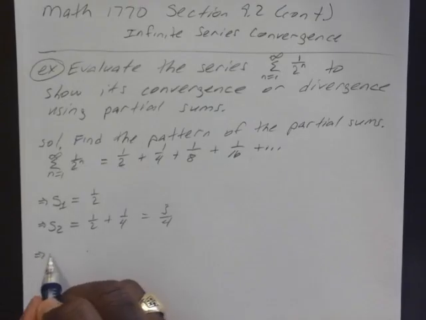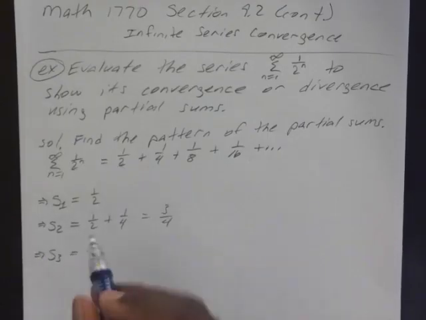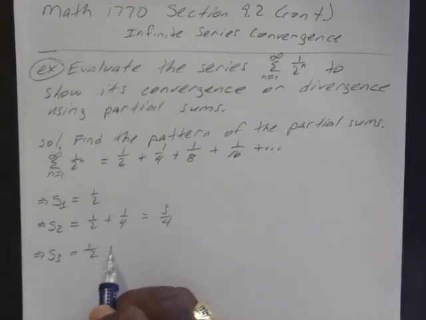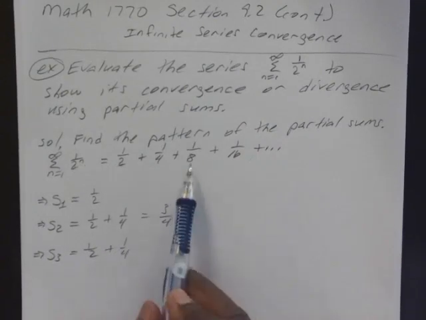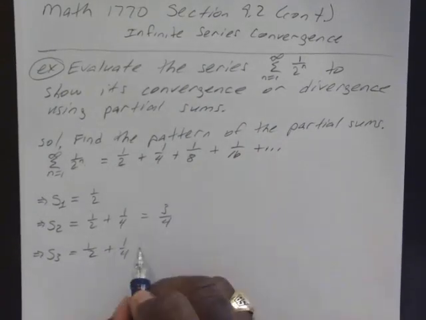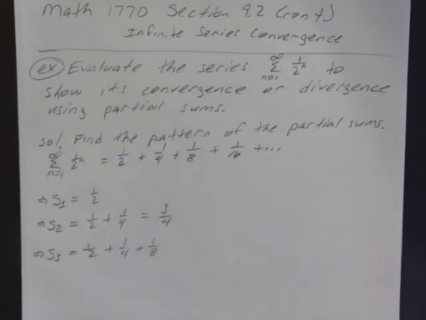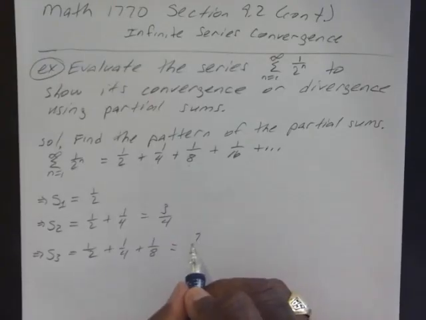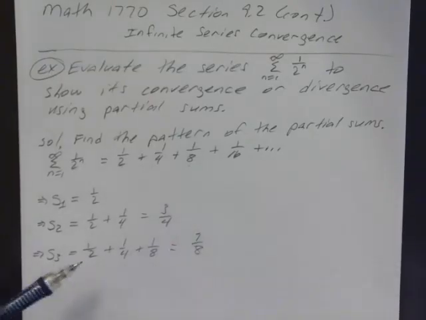Then our third partial sum is equal to 1/2 plus 1/4 plus 1/8. This is just the sum of the first three terms, which is equal to 7/8, once you turn 1/2 into 4 over 8 and 1/4 into 2 over 8.